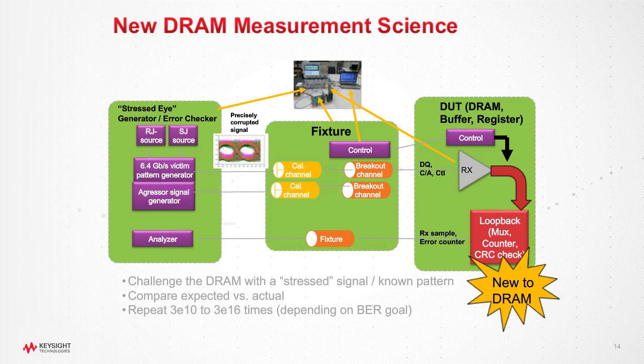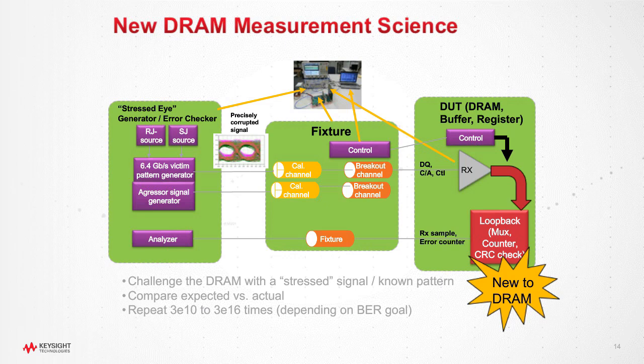And so this involves defining things like standard test fixtures and having the ability to generate precisely controllable ugly signals so that you can stress the receiver. And then on the receiver side, on the DRAM or the DRAM support logic side, there needs to be a feedback signal that can report back to the instrument exactly whether it thought it saw a 1 or a 0.